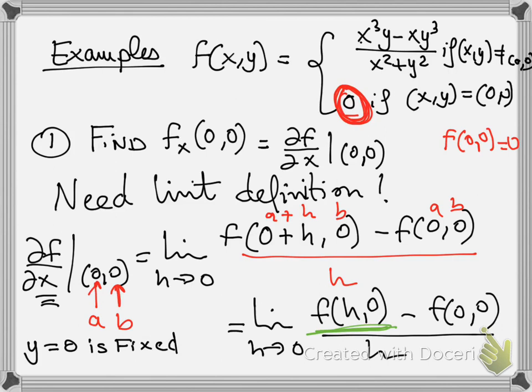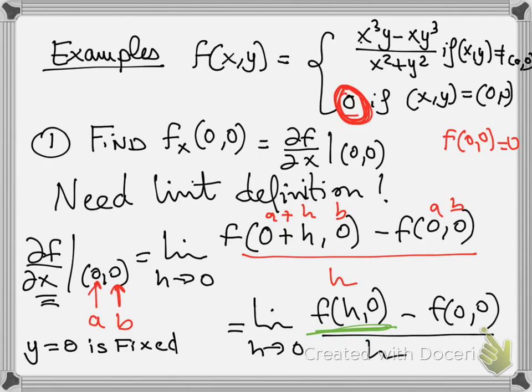So here, to compute f of (h,0), x is h and y is 0. So we need to replace x by h and y by 0.